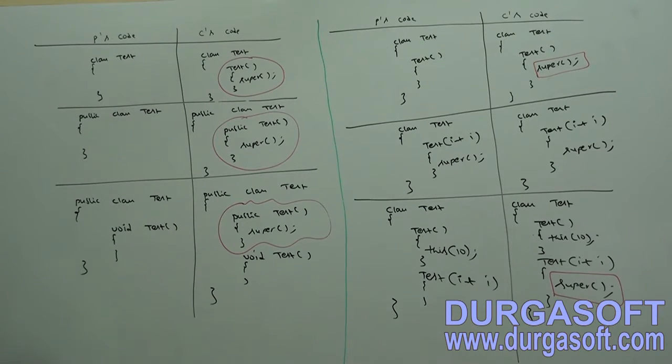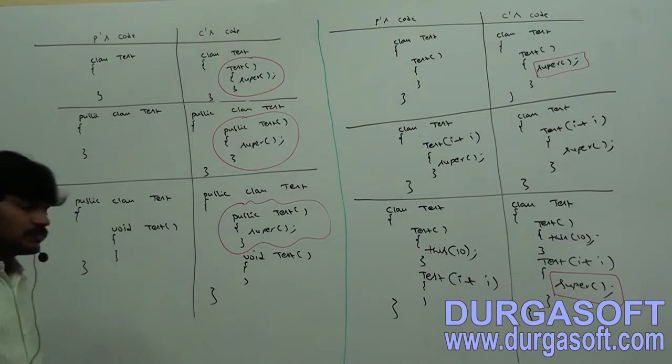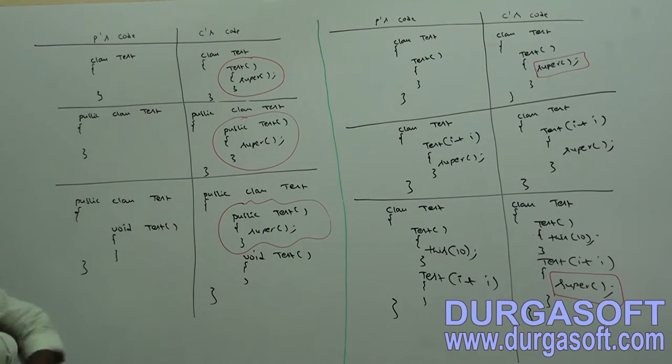Is it clear for you? Piece code, on the other side C's code: public test super.